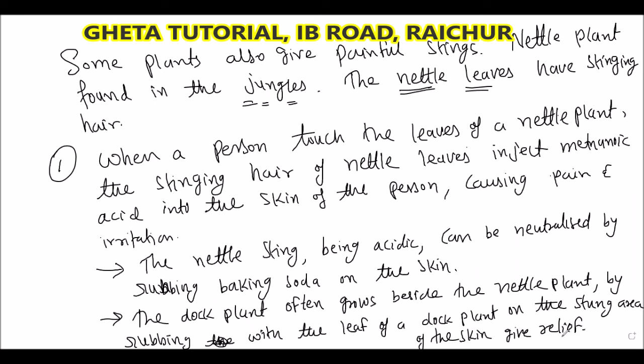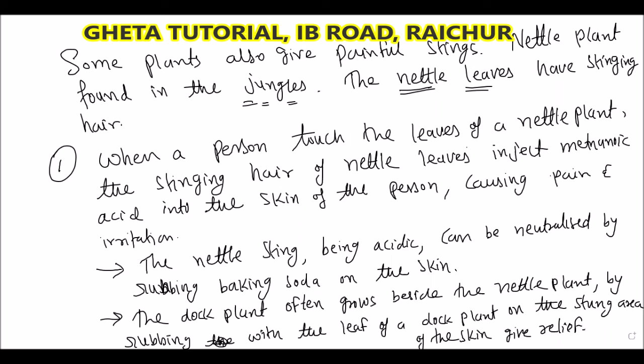So that is the way you can self-defend with plants. There are two plants. One is the nettle plant. The stinging hair of the nettle plant injects methanoic acid, which causes burning pain and irritation. Then you can apply baking soda if available with you, and you get relief from the pain.